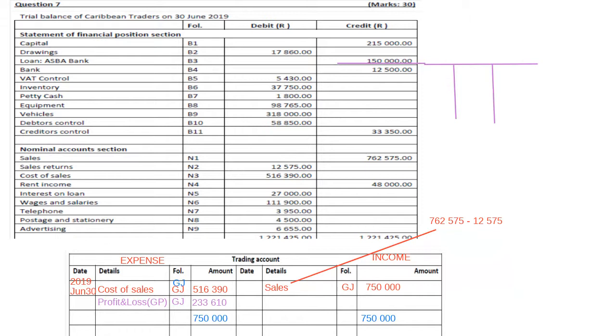This is a credit. So it's going to be something like this. I'm just saying because they can ask you anything in the exam, guys. General, we normally call it GJ.